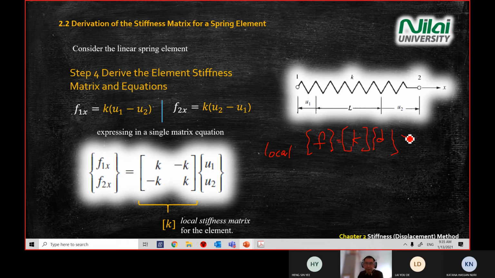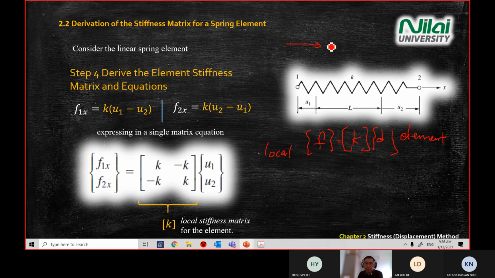Because we are looking at an element. It's not a combination of many springs. This is only one spring. So that's why you use a small f, small k. So in the matrix here, we're also using the small f, small k, and small u. And why u? Because it's moving in the x direction.